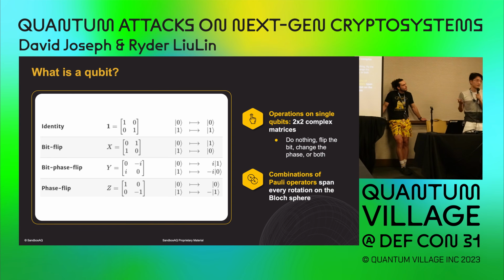These we don't really have in classical computing. These are 2x2 complex matrices. That's the mathematical way to think of these. We have the identity, we have X, which is the bit flip, Y, bit phase flip, and then Z, phase flip. And combinations of Pauli operators can span every rotation on that sphere that we showed earlier.